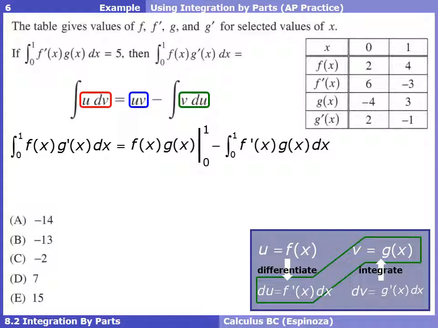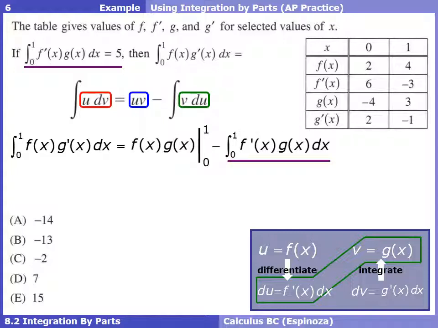Okay, so it definitely looks like a mess of sorts, but there's a lot of easy stuff we can do here. The first thing we're going to address is this thing right here so that we can apply the fundamental theorem of calculus to it. If we plug in the top bound and the bottom bound, we should be able to do that. The second thing we'll need to address is this second piece that you see now underlined.